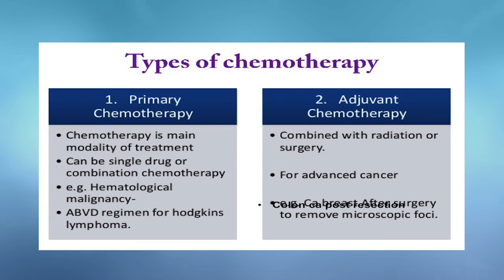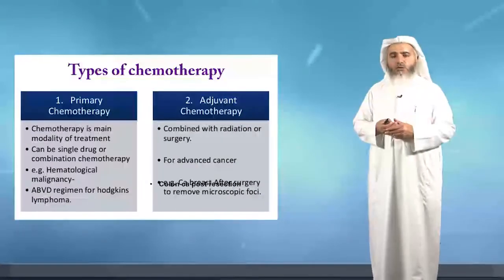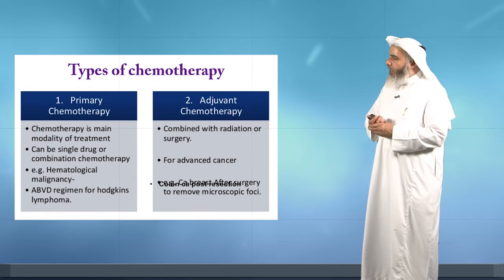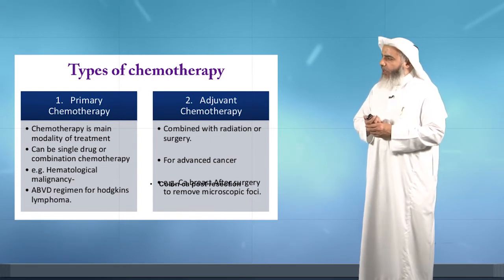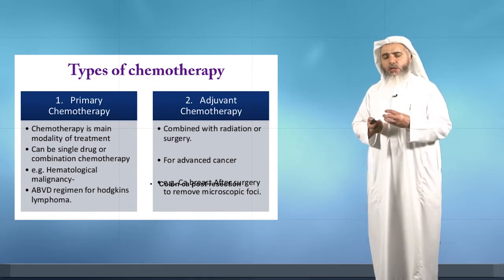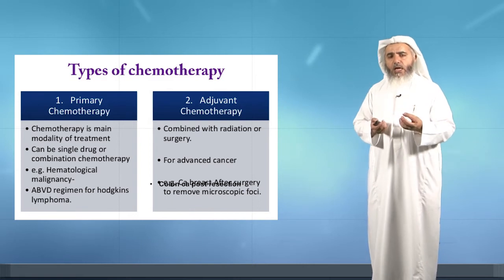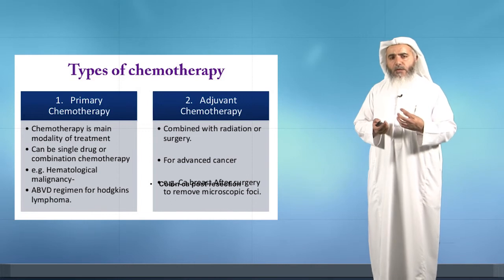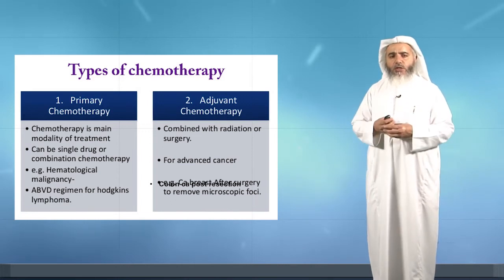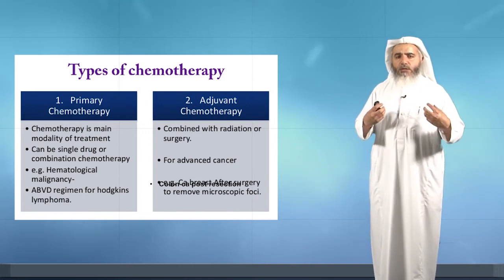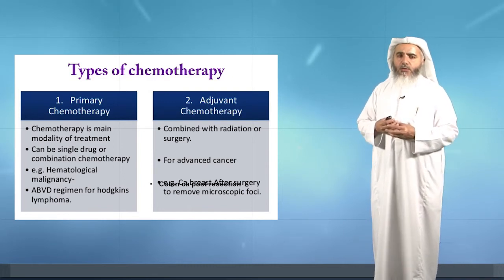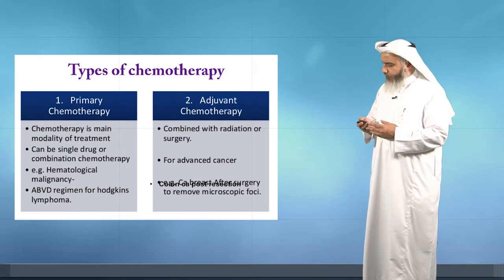The target here is to improve survival and to reduce local recurrence. It can also be used in rectal cancer, where the surgery will deal with the gross disease, and chemotherapy and radiation will deal with microscopic disease, and chemotherapy will deal with potential disease in the body, when we think that the cells spread out of the primary site.